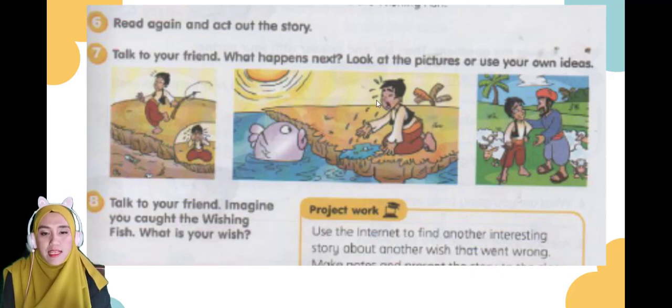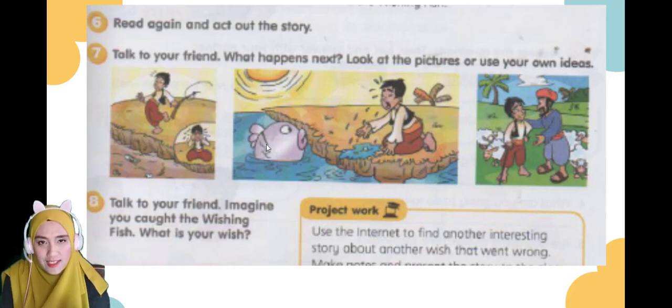Okay, you can see that Omar cried so sadly that his tears have formed a puddle. And then the tears went into the river. And suddenly, the water filled up the river and out came the wishing fish.